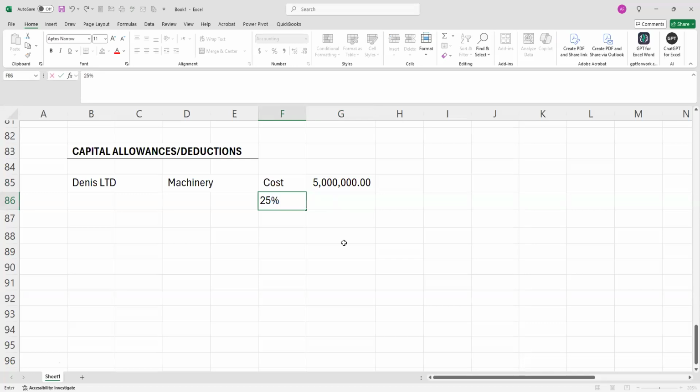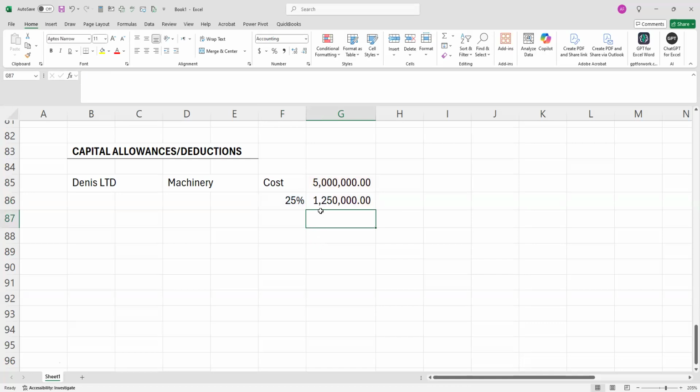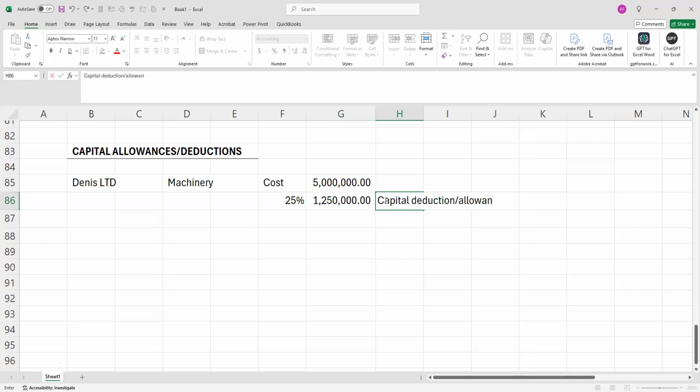Each year, be taking 25%, which will be deducted from your income. So instead of deducting the whole 5 million, I'll only deduct 1250. So this 1250 is what you are looking at as a capital deduction or capital allowance.